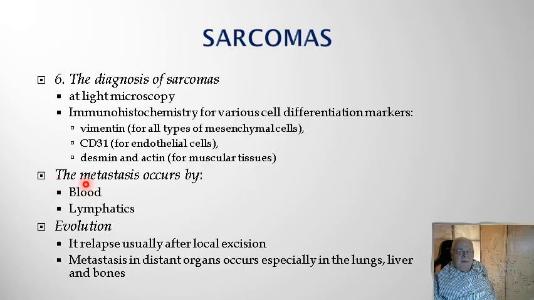Metastases are more common by blood than by lymphatics, possible in both ways, but blood is by far the most frequent way for metastasis. And it evolves like any other malignant tumor, so it's relapsing easily locally if it's not entirely removed, and is generating metastasis at distance by blood, mostly in the lung, liver, and bone.